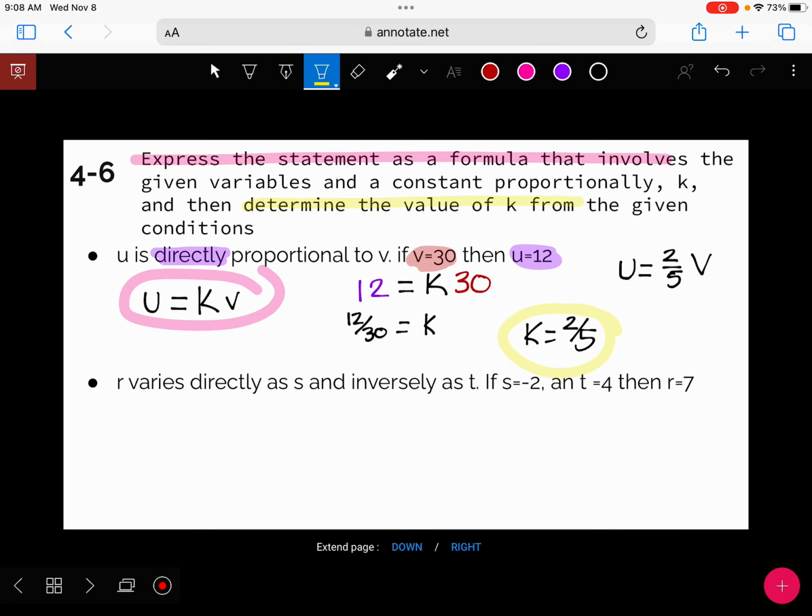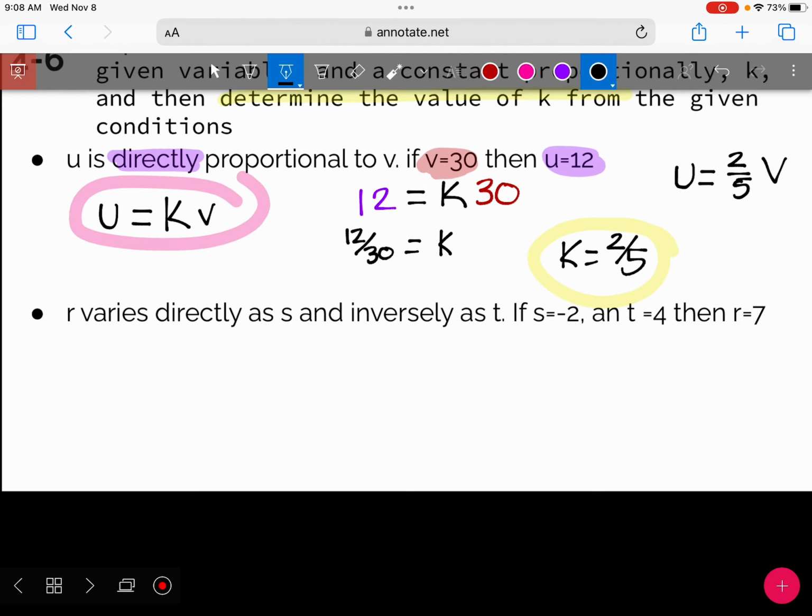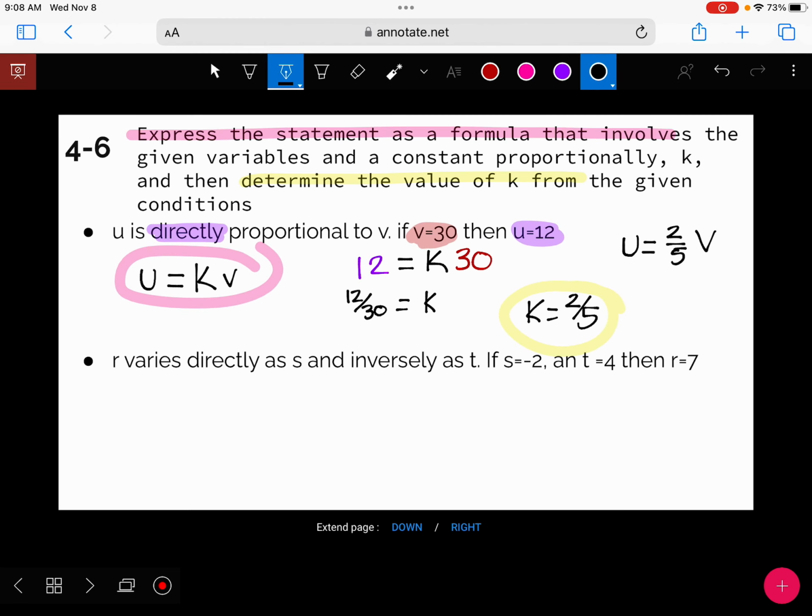So that was just one. They're going to start to get more complicated. So R varies directly as S and inversely as T. So we now have two talking about our relationship with R. Wait, what is the u equals 2/5 v? What is that? So that is combining this with our k value.